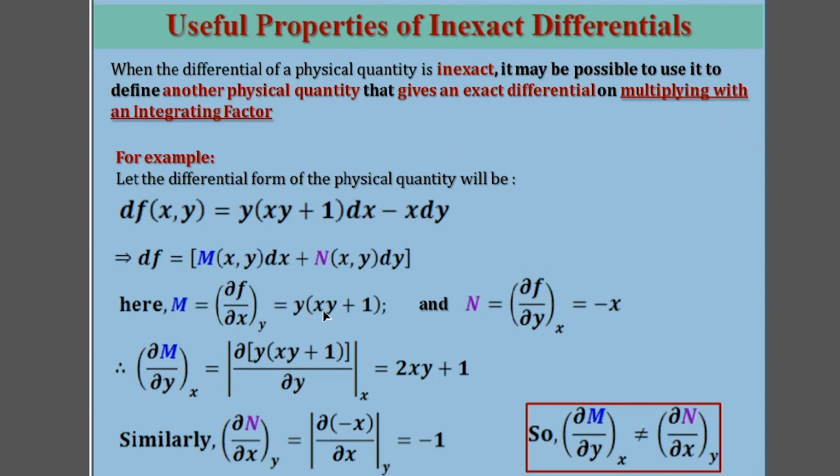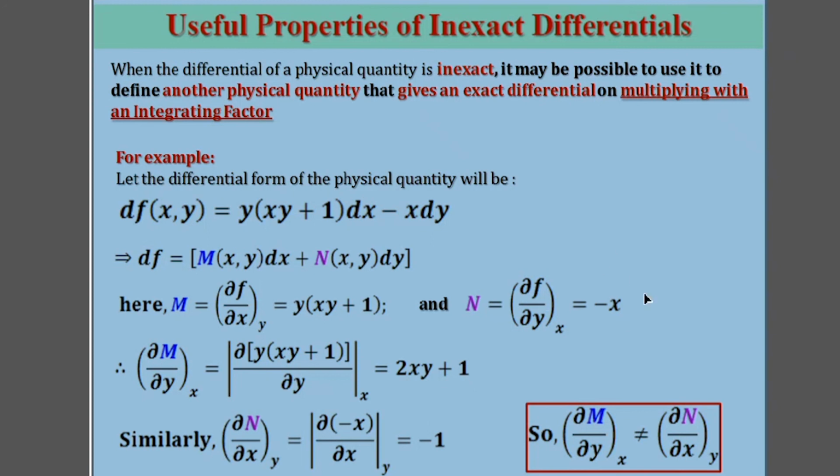The first term is x y square plus 1. If I differentiate with respect to y, then I get 2xy plus 1.